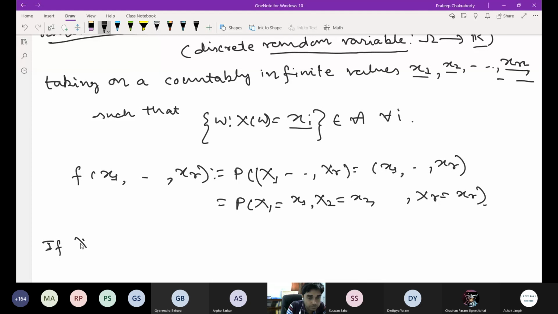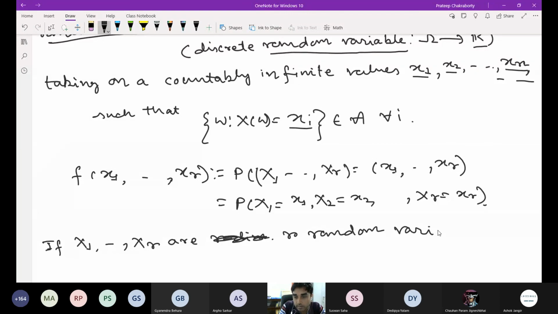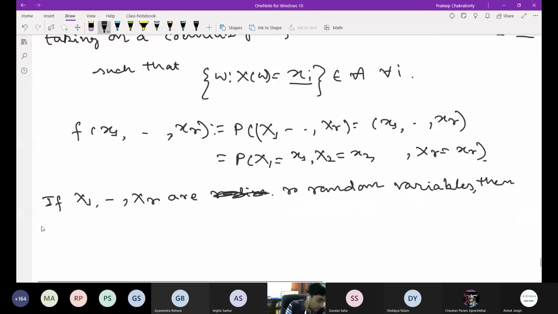If X1 up to Xr are random variables, then this is a new random variable we define, which is by definition X1 of omega up to Xr of omega.